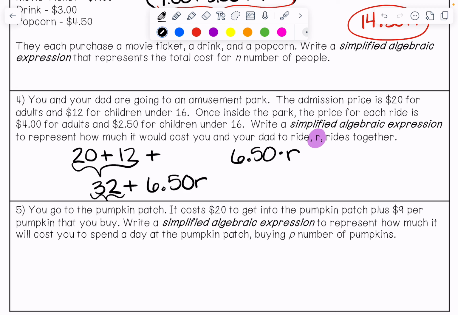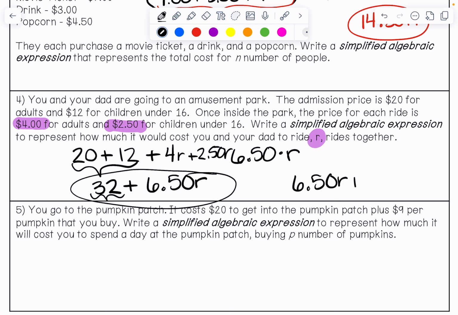And again, the $6.50 is the combined total of the cost for each ride. You could also think of this as 4R and $2.50 R. So this would be our simplified algebraic expression. Typically, we would write our variables first, but either one of those would be acceptable.